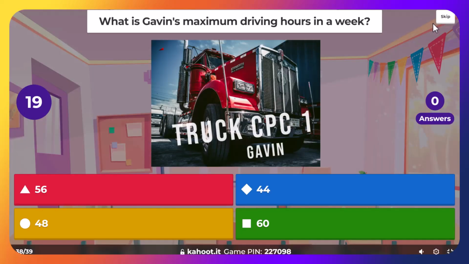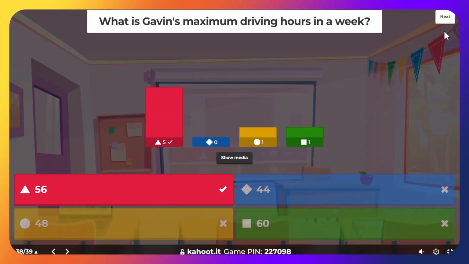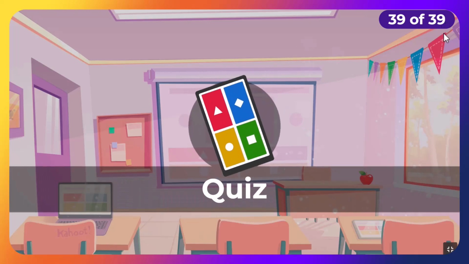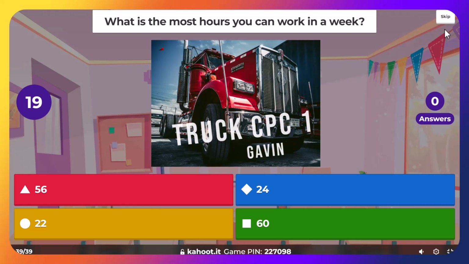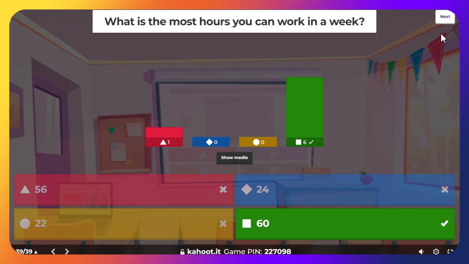We had this question earlier in this quiz. Most you can drive in a week. Good. Hours you can work. Not drive, that would be the correct answer, only not to this question.